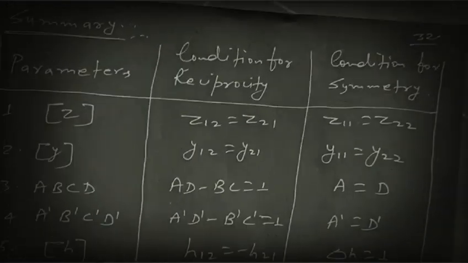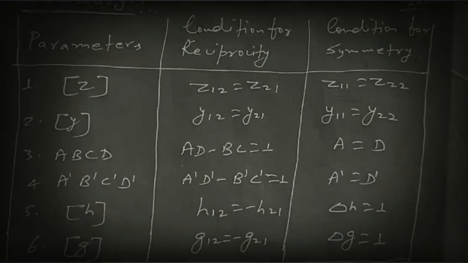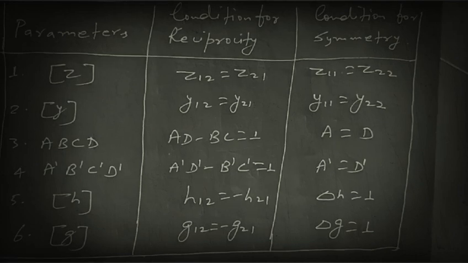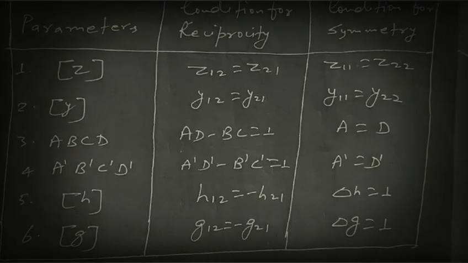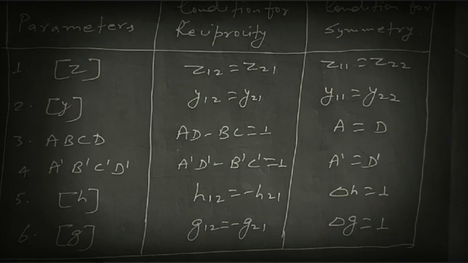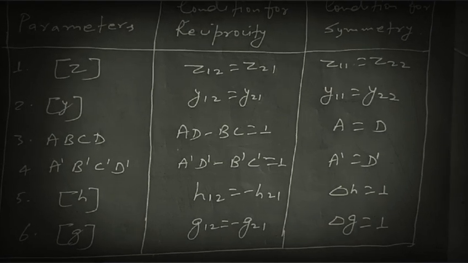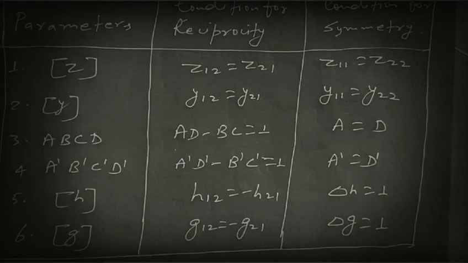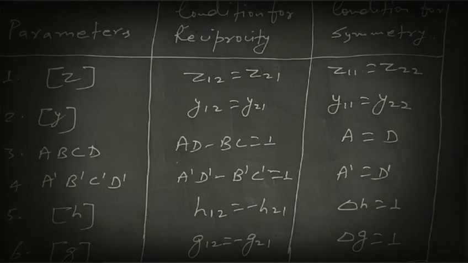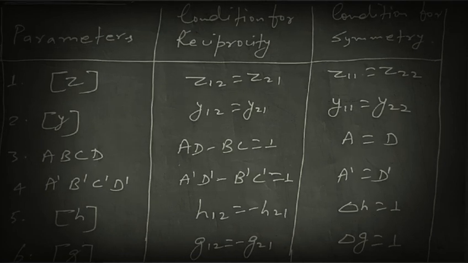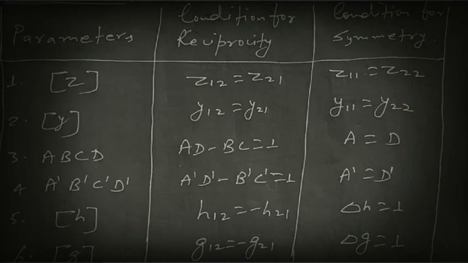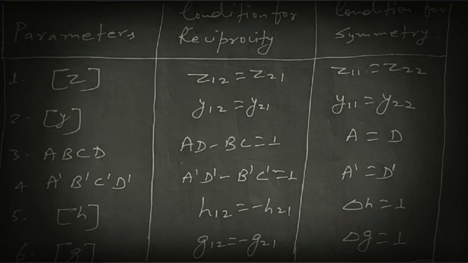Now let us summarize the conditions of reciprocity and symmetricity for all the parameters together. So we have put three columns. The first column is telling the parameters, the second column is representing the conditions for reciprocity, and the third column is for conditions of symmetry. Let us see in terms of Z parameters.